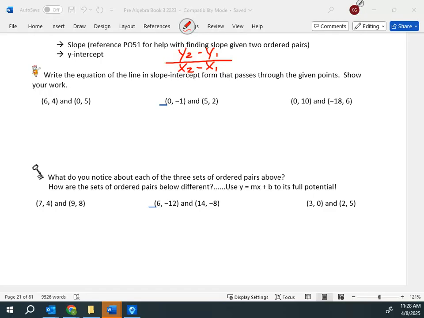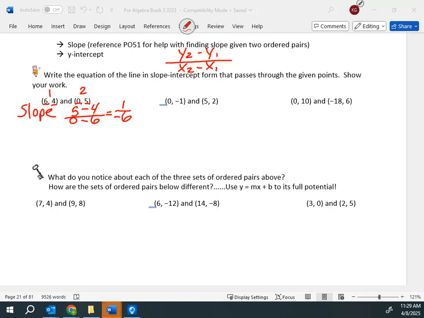So, now we're going to write the equation of the line in slope-intercept form that passes through the given points. Show your work. First thing we want to do is to find our slope. So, I'm going to call this my 1, this my 2, y2 minus y1 over x2 minus x1, and I get 1 over negative 6.